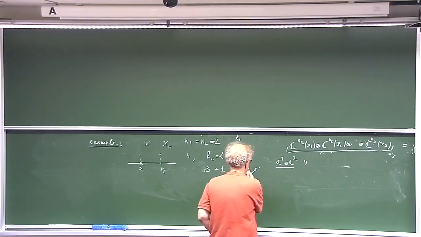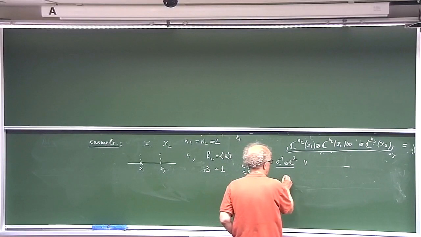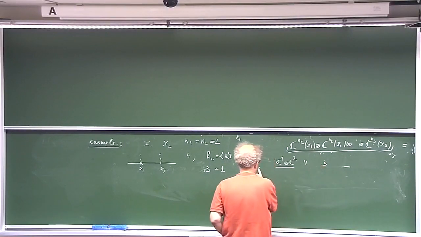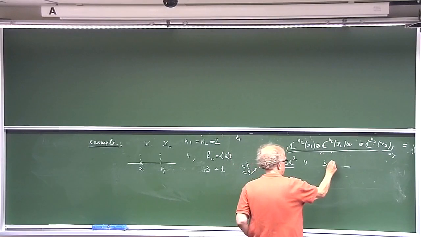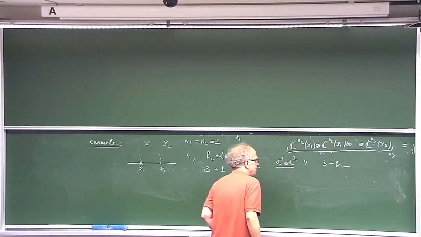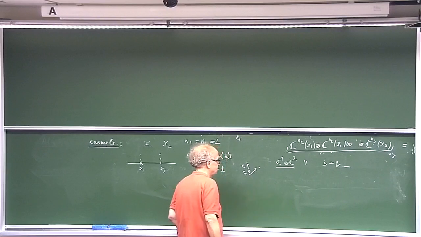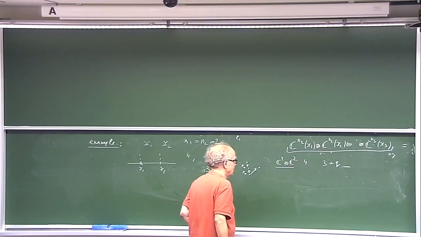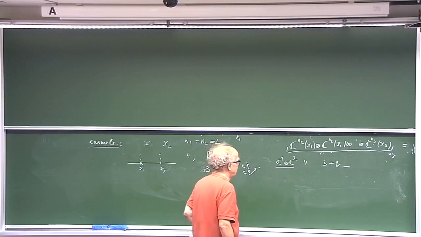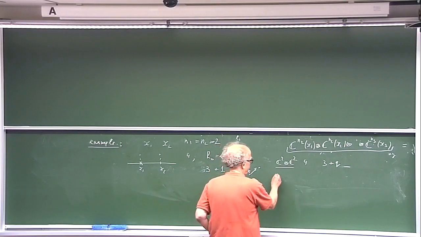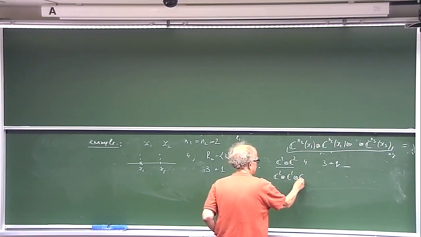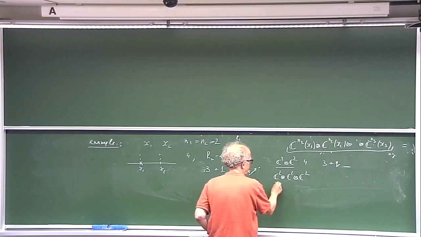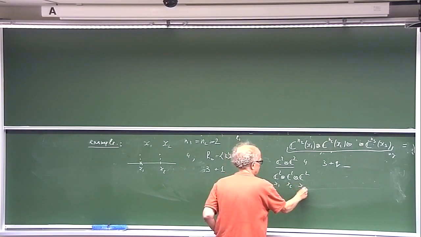This Q dimension, we count as 3, and this is 1-dimensional plus Q. And so this is a result of such kind of activity. If you take, for example, C2 times C2 times C2, which is sitting in the points x1, x2, and x3.